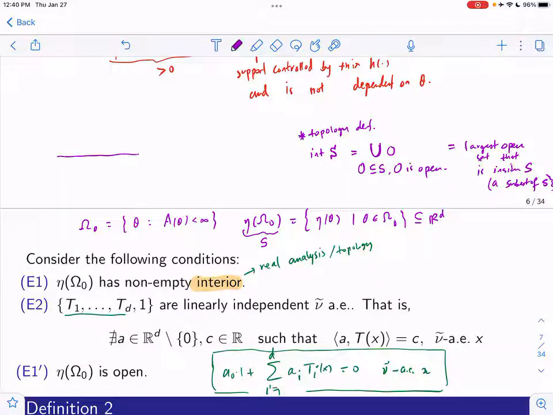Closure minus the interior. But you're using the definition of the interior here. So can we give another? If you have a metric space and you have a point on the boundary, any epsilon ball that you draw around the point on the boundary will include points both inside the set and outside.